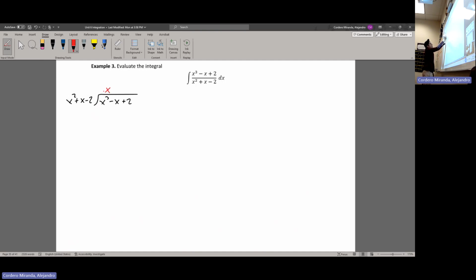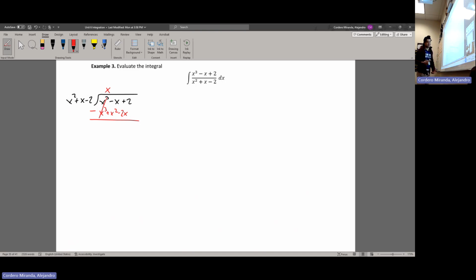Okay? And then what's the result of multiplying this by x and subtract that off? So x times x squared would be x cubed. x times x is x squared, plus x squared. x times 2 would be minus 2x, and that's it. And now subtract that off. That would be x cubed minus x cubed is 0.